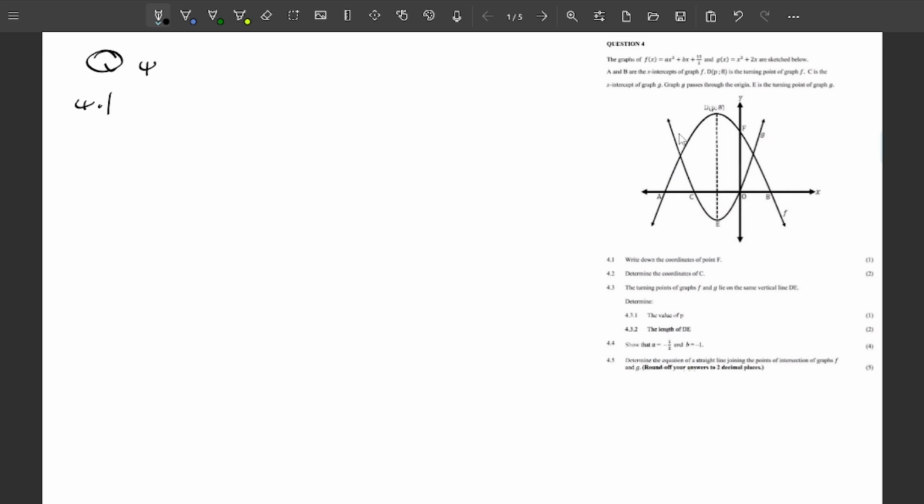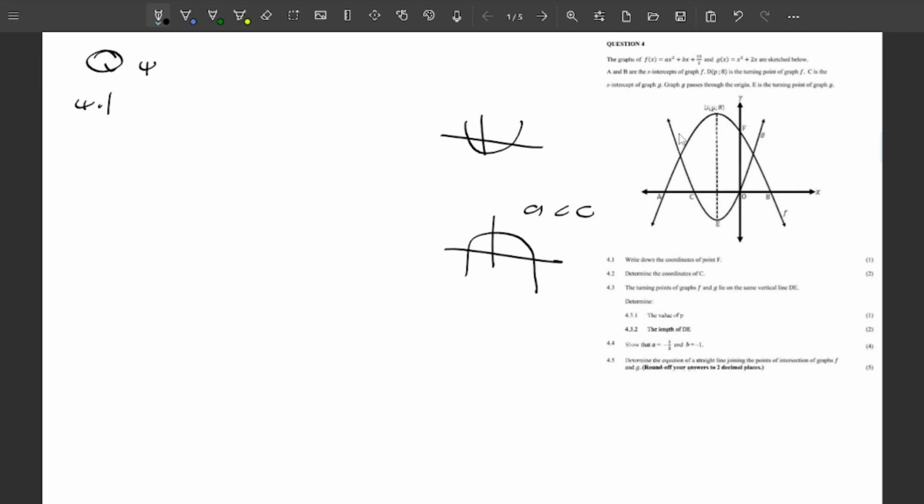So what we have found is that D is the turning point, and the common thing here is the x value of the turning point. That's the one thing that is common between these two graphs. Before we even attempt the question, we can do a critical analysis to make our life easier. The second thing is that one graph is inverse, meaning that it has a negative value of a. That's why it is upside down.